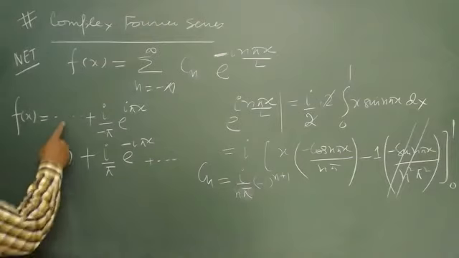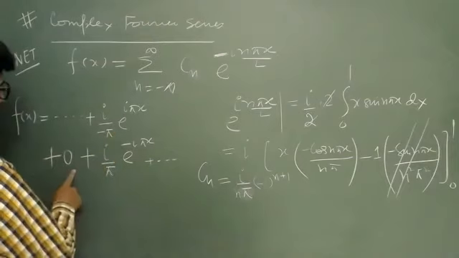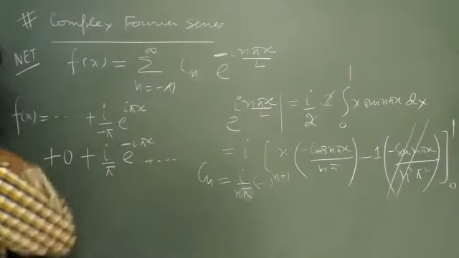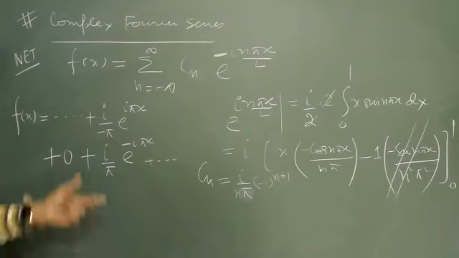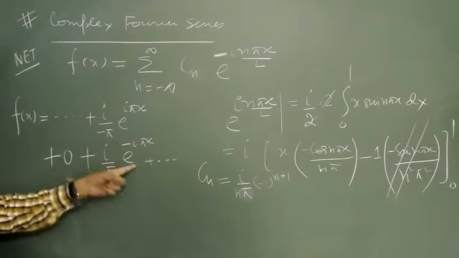There will be other terms also. मैंने सिर्फ c minus 1, c0 और c1 लिखा है. बाकी terms को dash dash dash लिख दिया. So you can combine it to write it in terms of hyperbolics also. You can see now.